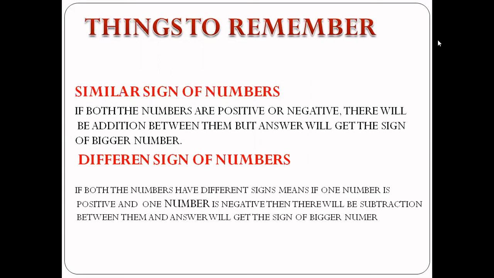And the answer will get the sign of the bigger number. If one number is negative and one number is positive, then if the negative number is bigger by ignoring its sign, then the answer will be a negative number. If the positive number is bigger, then the answer will be a positive number.